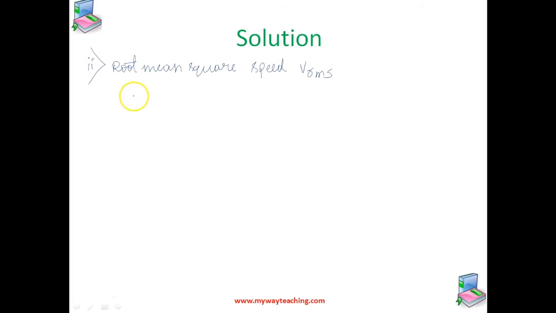See, 1 by 2 m Vrms square is nothing but average kinetic energy per molecule, and we also know that this is always equal to 3 by 2 kB into T. Okay, here m is the mass of the molecule of a gas.